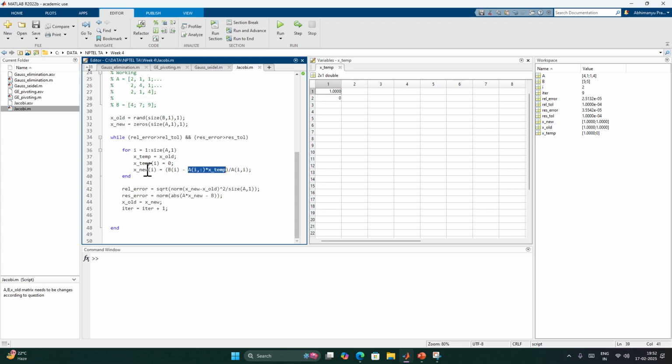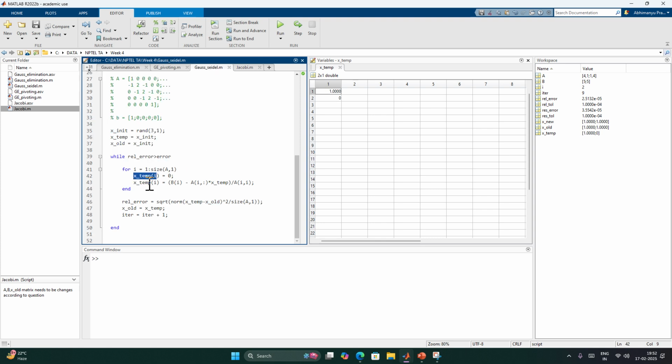Here, in Jacobi, we were storing x old in x temp and then calculating x new, so we were not using the latest values up to the i minus one element. We were using only the old values. In this case, we are not using any old values. This x temp is updated, and for the next iteration we are using the same x temp.